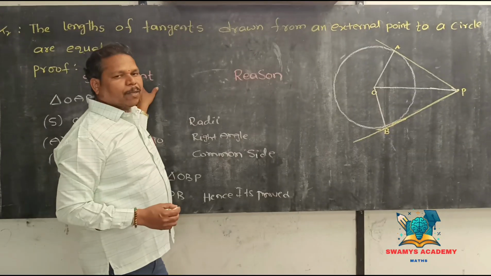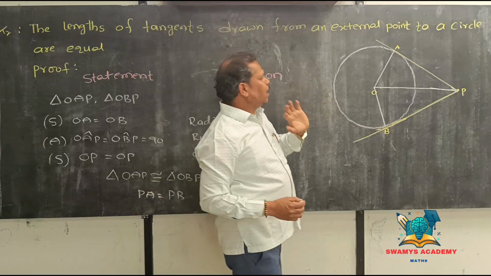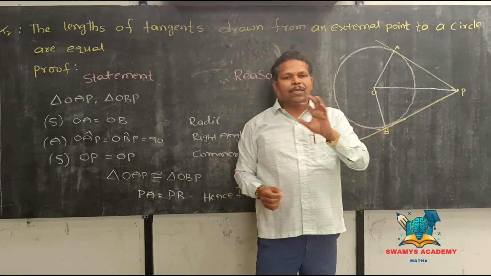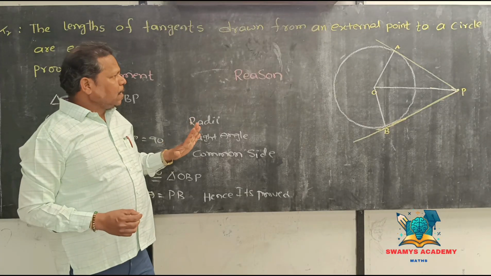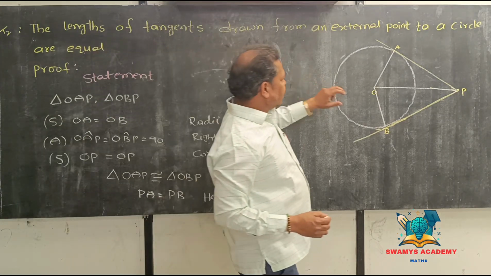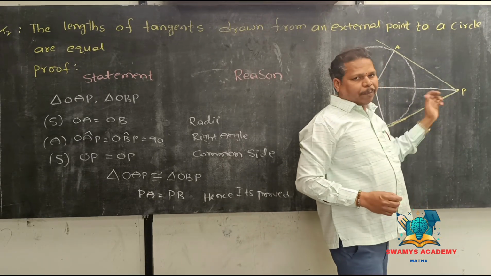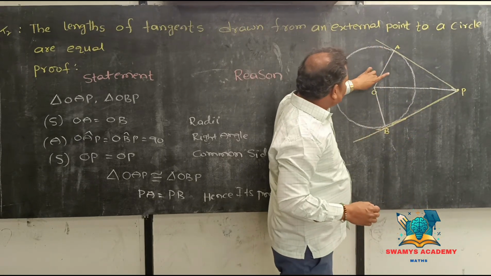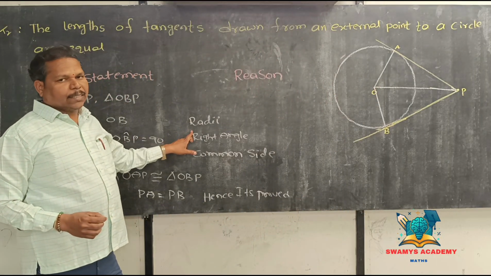Next is the proof, with statement as well as reason. We need to prove the tangents are equal, so we take one triangle criterion. The triangles formed are triangle OAP and triangle OBP. Now OA equals OB, because radii are equal in a circle.